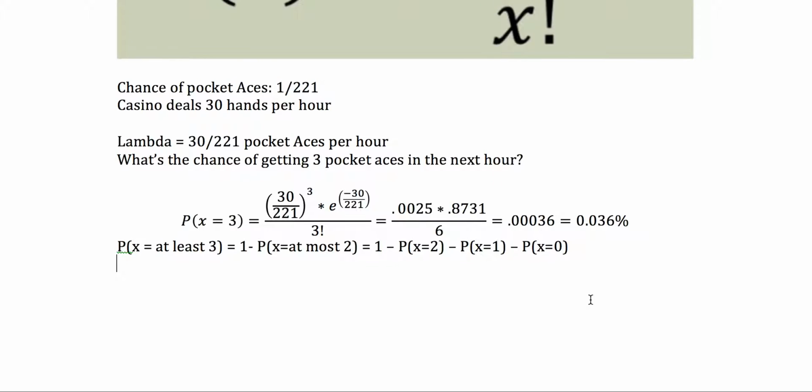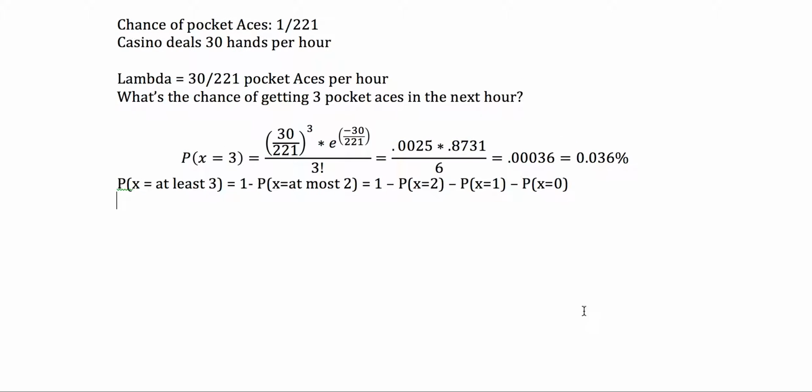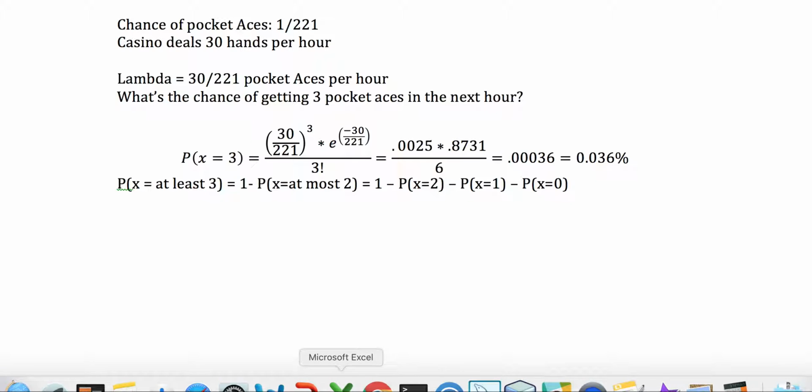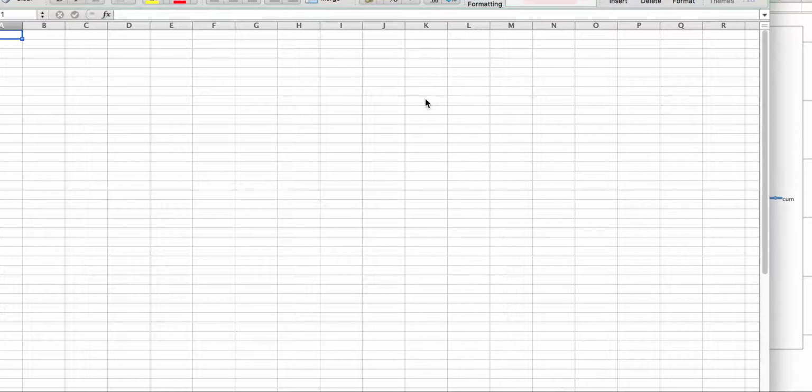And I am going to cheat a little bit, and do the Poisson distribution using the 30/221 in Excel. Let's do a new workbook here. Our mean was 30/221.